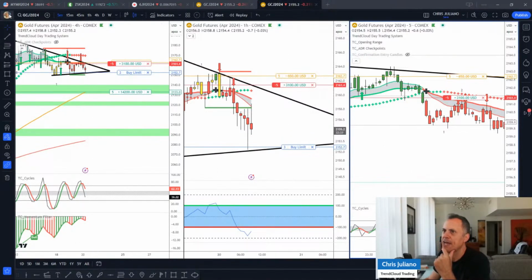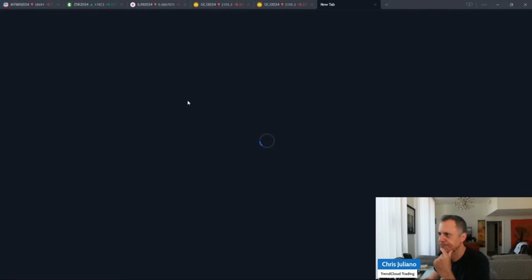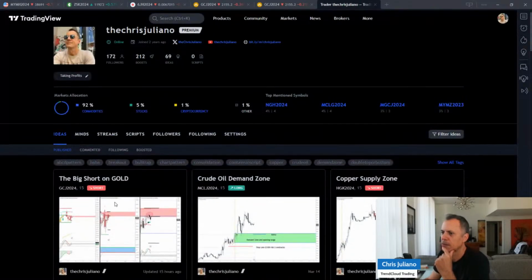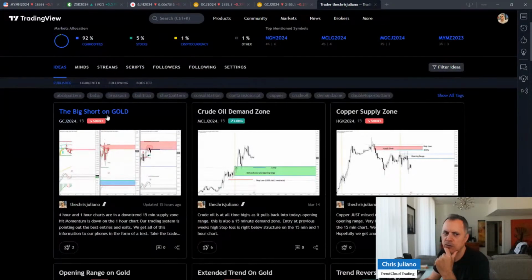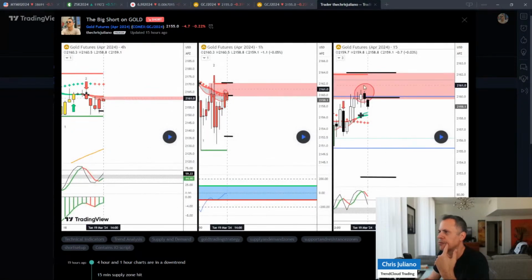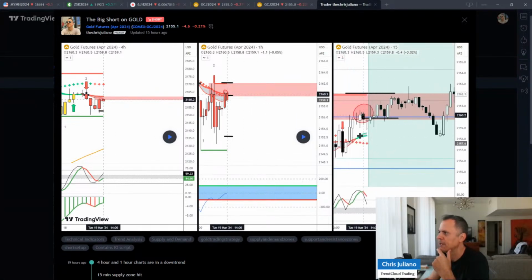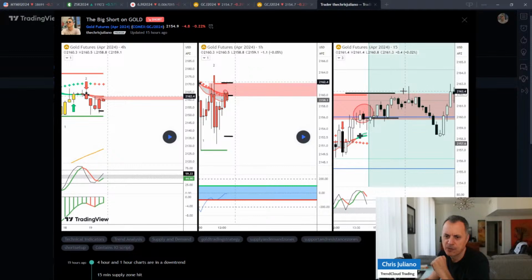And again, all of that is here. Here it is, the big short on gold. Click onto that, and you will see the original entry and what happened here, right? There's the original entry. Right there was our stop loss, it pulled back and stopped us out the first time.